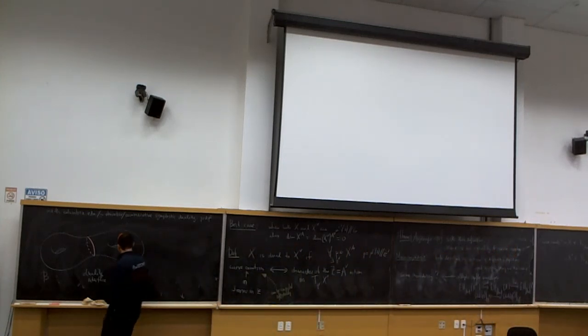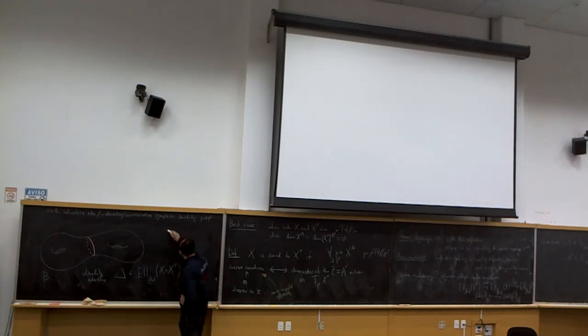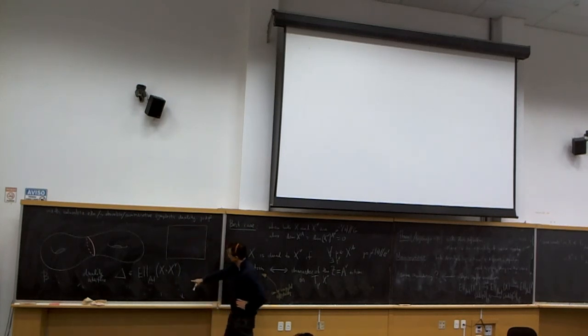We construct it as an element in elliptic, somehow covariant homology of X cross X dual, and with the support there is this very special subvariety in X cross S check.